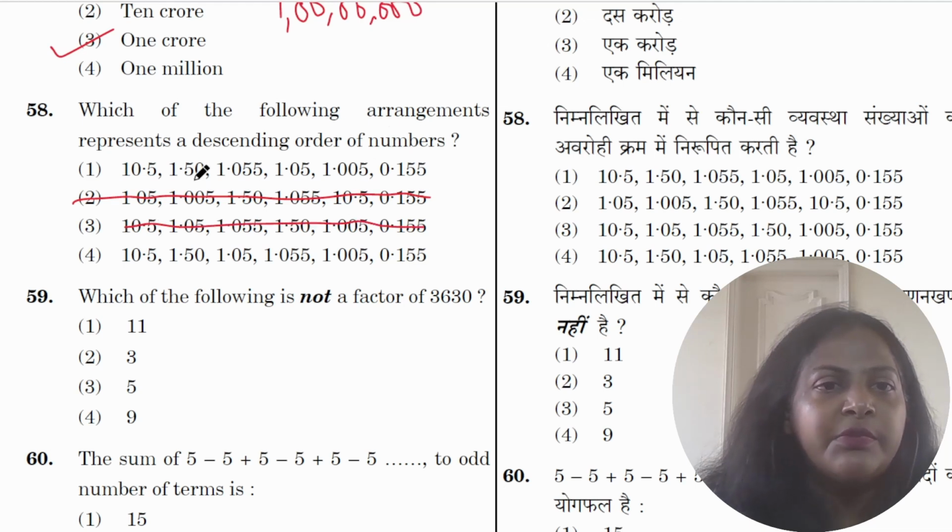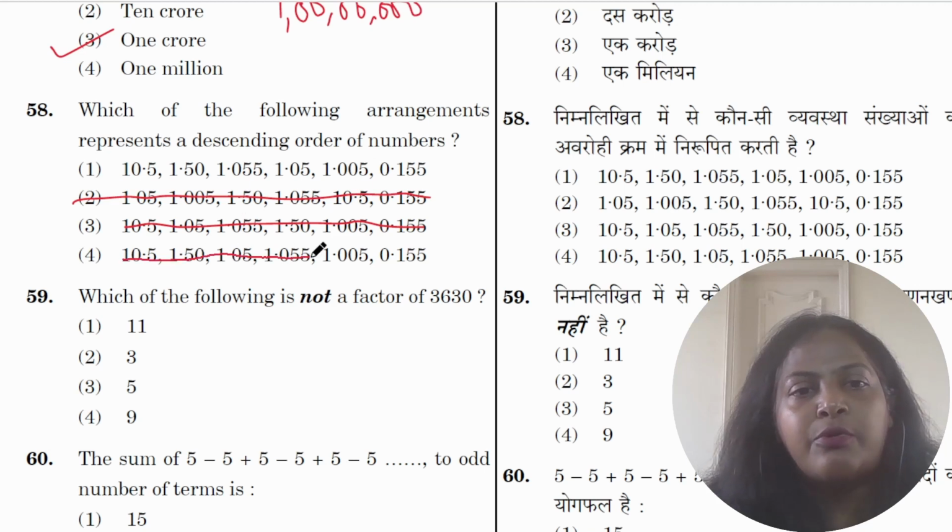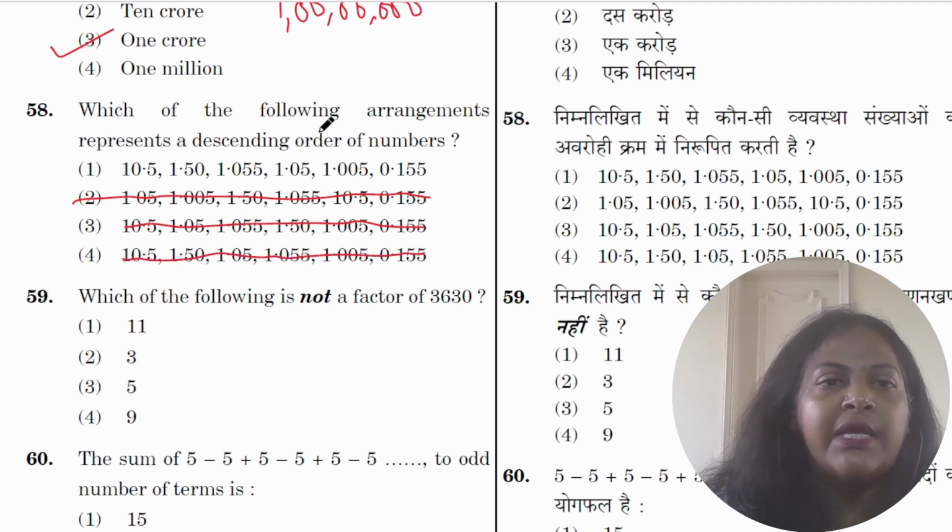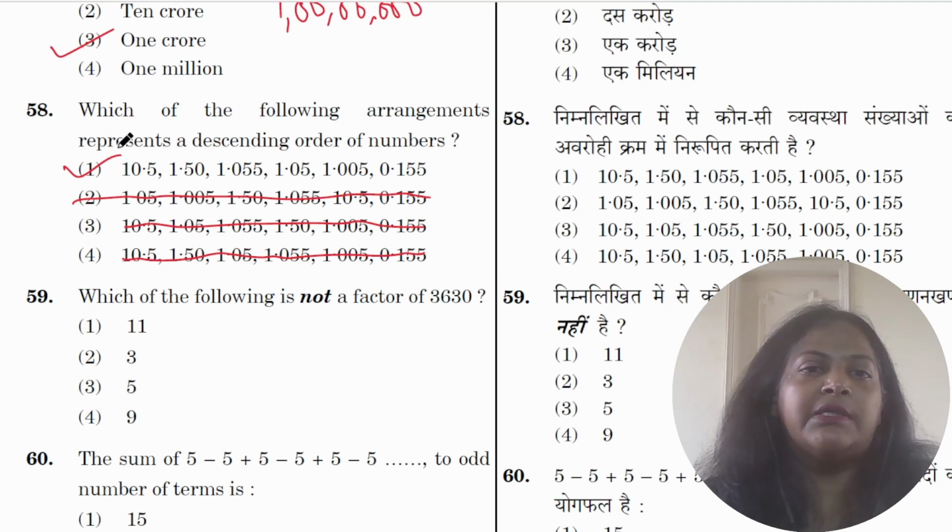Now we are choosing between option 1 and 4. Then we have 1.055 and 1.05. So 1.055 is definitely bigger than 1.05 because this is 1.050 and this is 1.055. So this goes out. You don't have to look at anything else. So option 1 will be the correct answer.